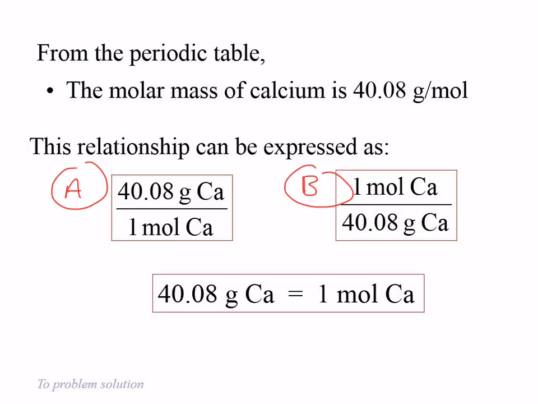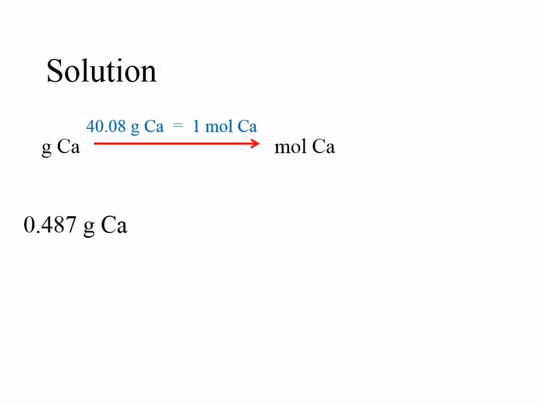Okay, here we go. So, what's the first term going to be? What do you think? It's not going to be either one of those ratios, A or B. What's the first term going to be? 0.487 grams.